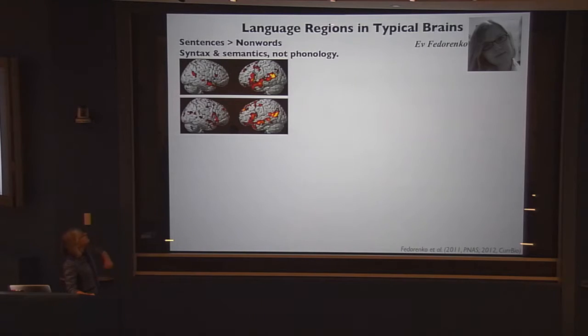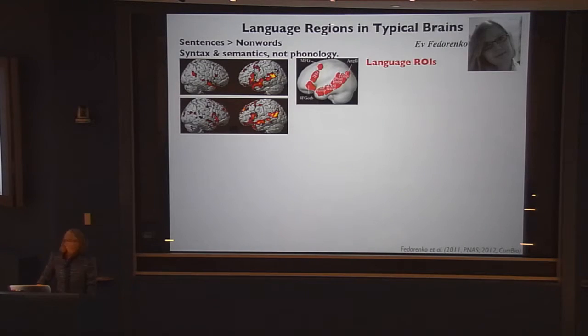And you see here in two typical subjects, each an individual subject, nice, robust activations in all the places you'd expect. No surprise there. To be able to identify those regions in each subject, Ev devised a nice way to look across subjects at the broader region where these activations land.